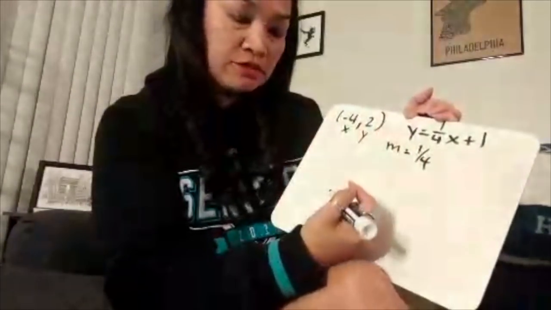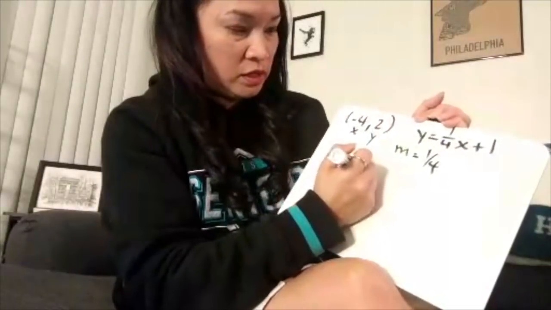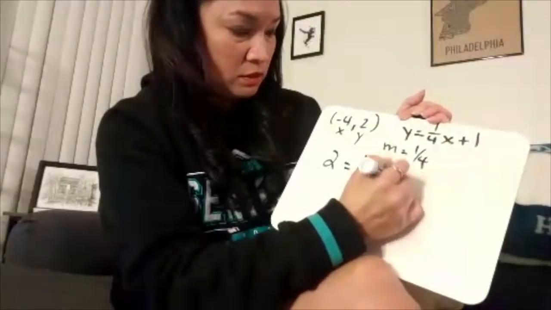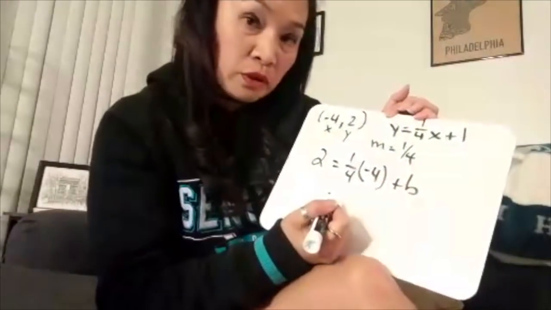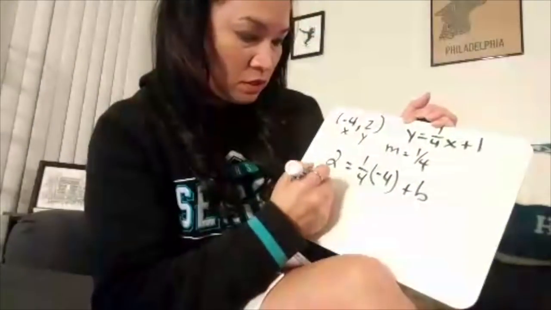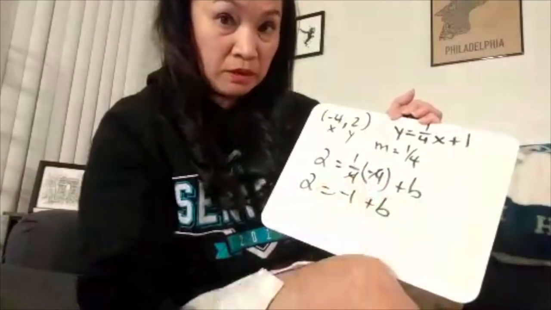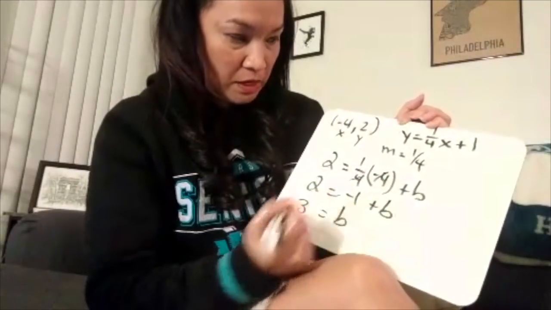So now let's plug it in to find the equation of our second line. So y, which is 2, equals m, which is 1/4, times x, which is negative 4, plus b. Remember, we're looking for a new y-intercept. So 2 equals negative 1 plus b. Add 1 to both sides, 3 equals b.